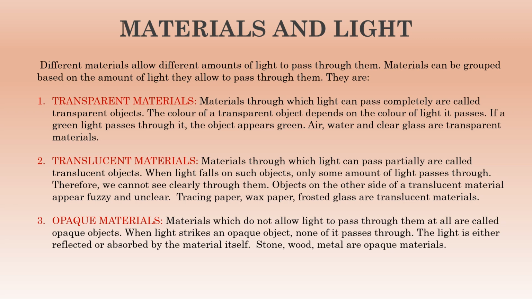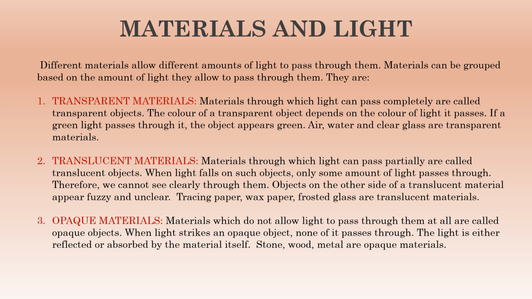Therefore, we cannot see clearly through them. Objects on the other side of a translucent material appear fuzzy and unclear. For example, tracing paper, wax paper, frosted glass are some translucent materials.